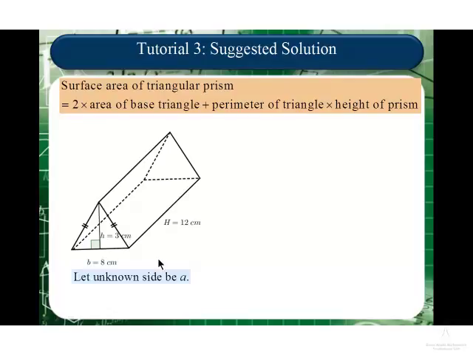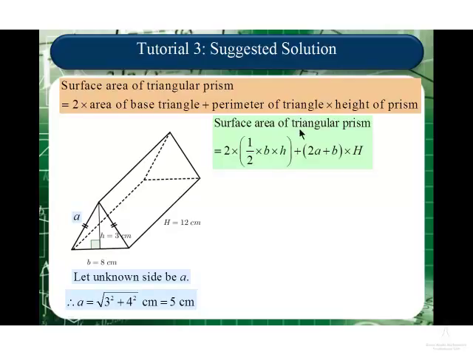If we say that the unknown side is denoted by A, then we can calculate A using the theorem of Pythagoras, the square root of 3 squared plus 4 squared, which gives us 5 centimeters. So we know that the second side length of the isosceles triangle is 5 centimeters.